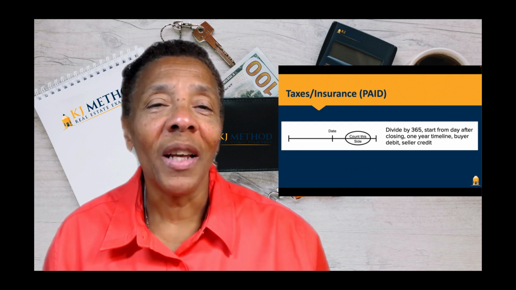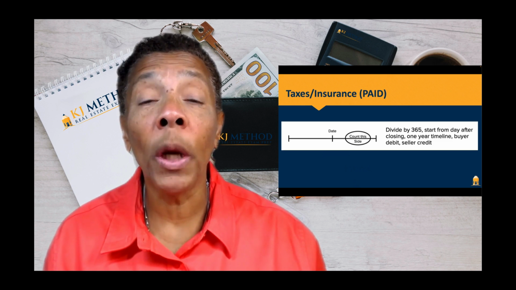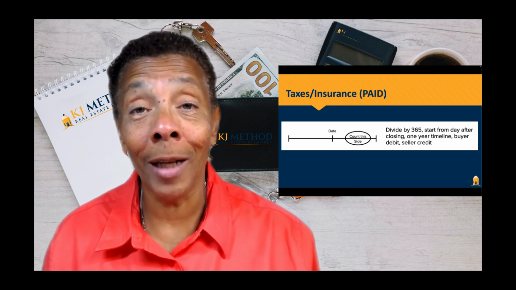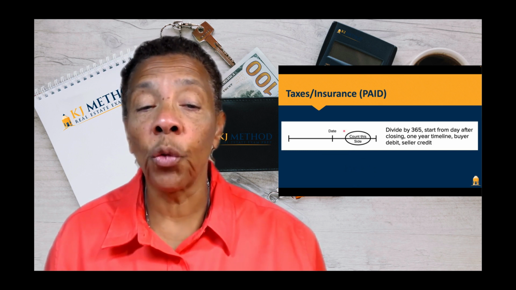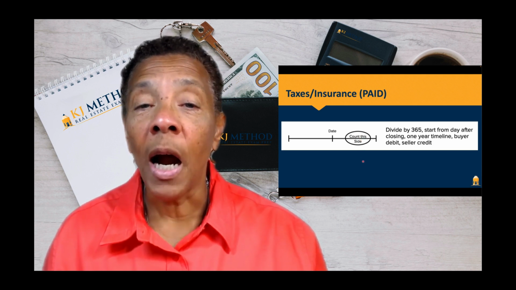The first one, if you get a taxes or insurance paid question, and you're always going to assume that it's been paid unless they tell you that it has not been paid, then what you do, I'm going to use a laser pointer here, is you count this side of the timeline. I have some notes here.